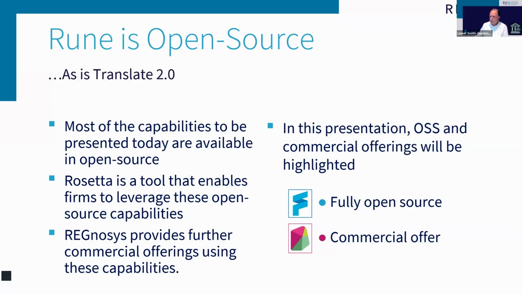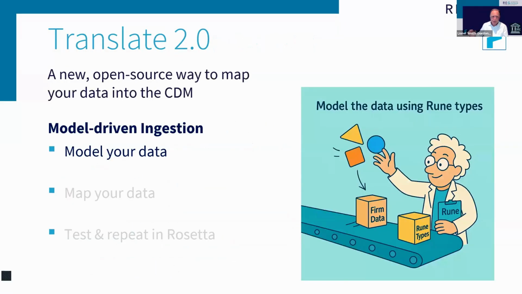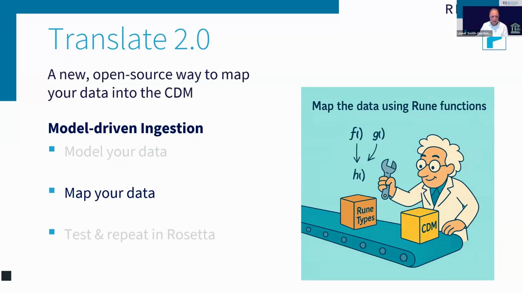So what I want to take you through is this process that we call model-driven ingestion. And there's three steps in this process. And in a moment, we're going to go through 3 rounds of exercises where you can be hands-on and experiment on this. So the first step is to model your data. The second step is then to map your data to the CDM.